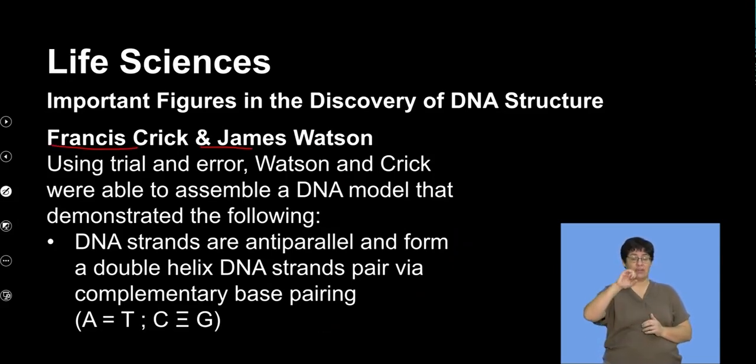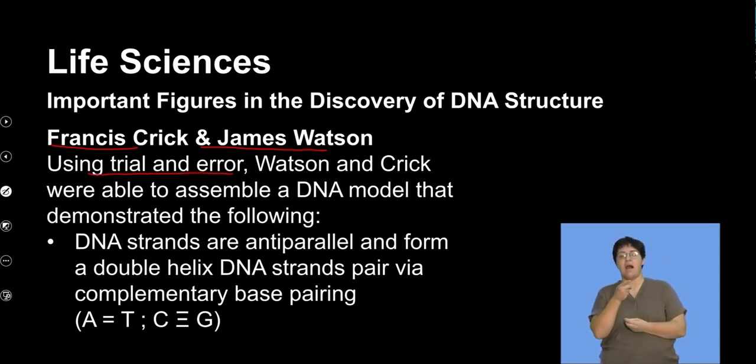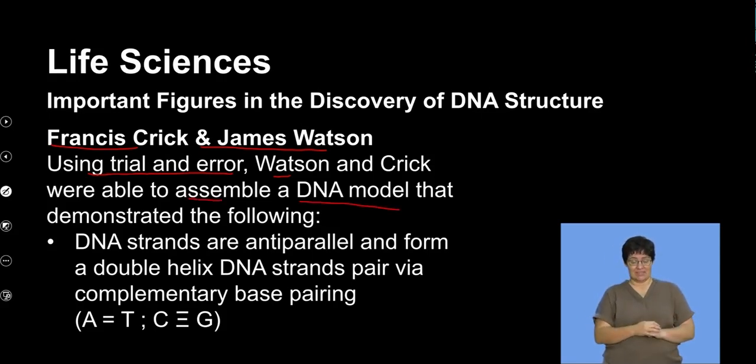Francis Crick and James Watson were the significant contributors who were recognized with discovering the structure of DNA. They used a process of trial and error with a whole lot of other calculations that they put together, along with the image that I just showed you. Watson and Crick were able to assemble a model of what DNA looked like. They mentioned that DNA was a double-stranded molecule containing two strands that were anti-parallel.